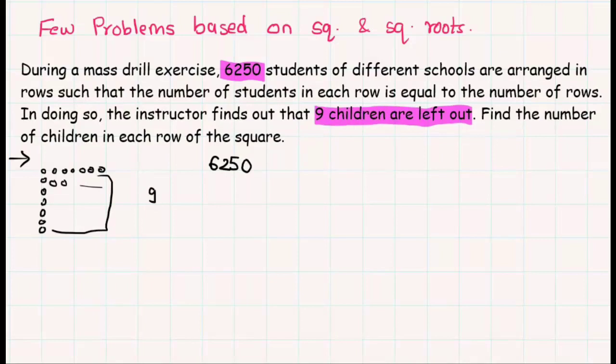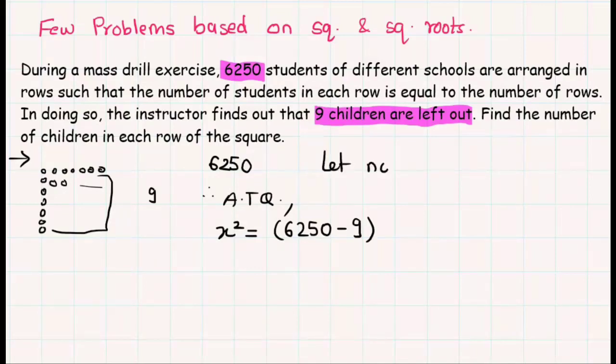That means 9 less than this given number forms a perfect square. Therefore, according to the question, x square equal to 6250 minus 9.